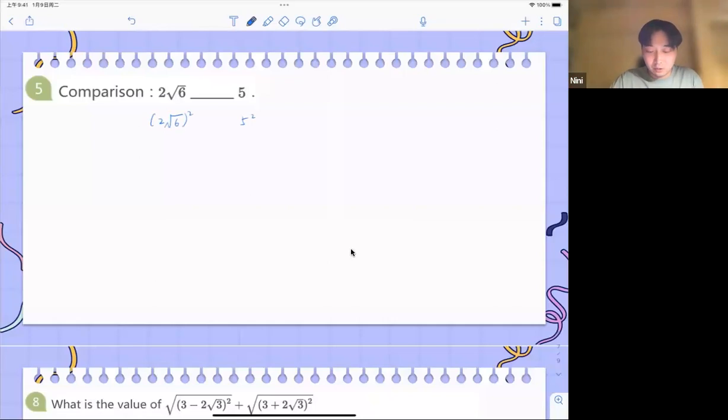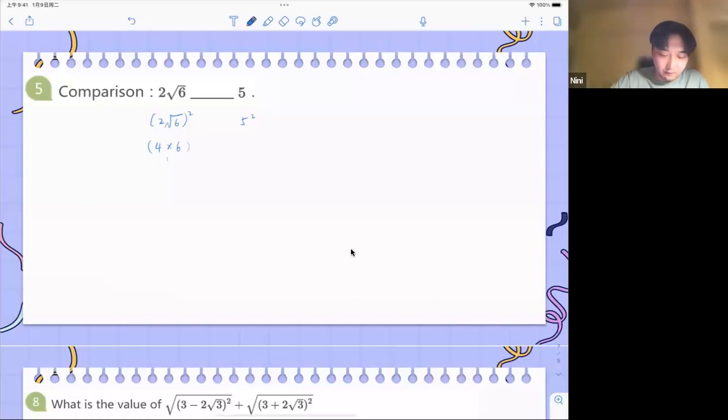And what we can do this time is that 2 to the power of 2, of course, is 4. And square root of 6 to the power of 2 is 6. Of course, in this way, you are finally getting rid of this square root symbol. And don't forget, this is a multiply, right?